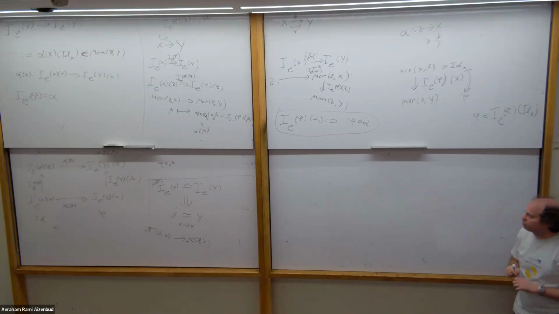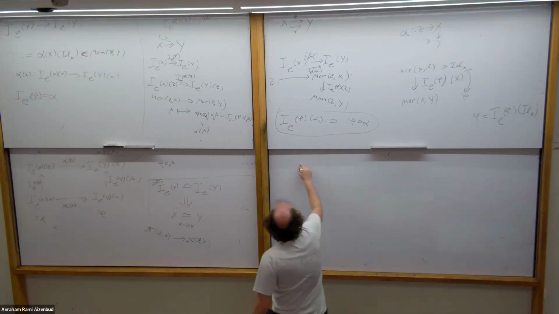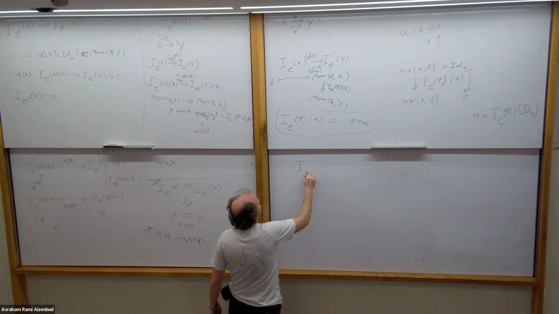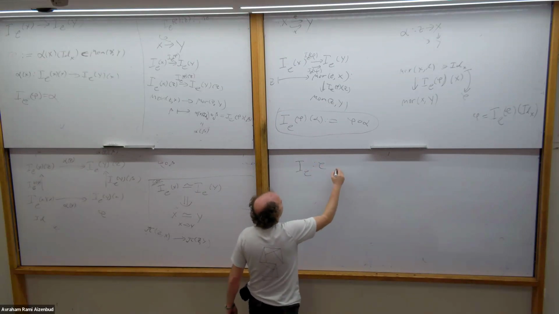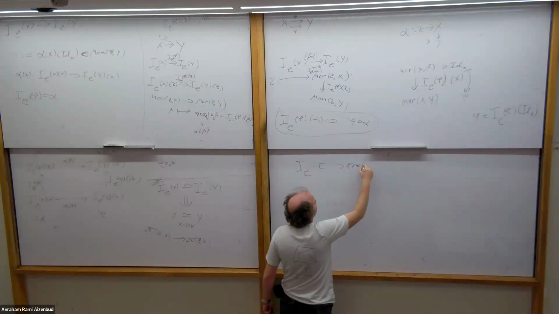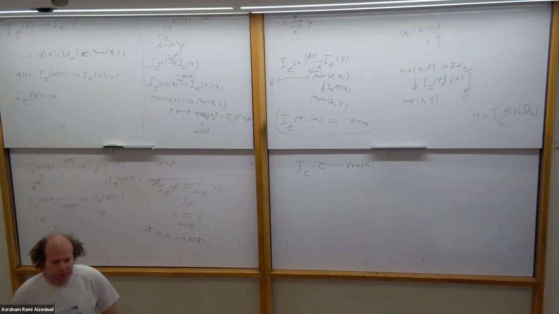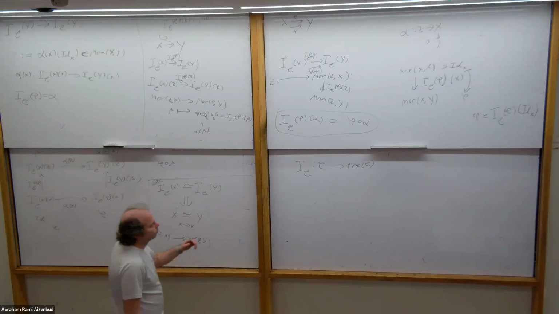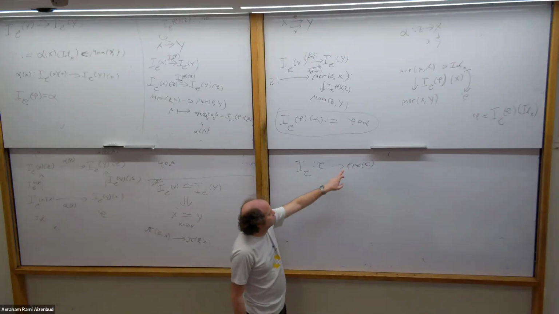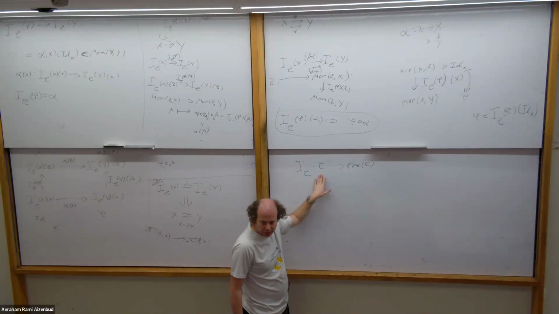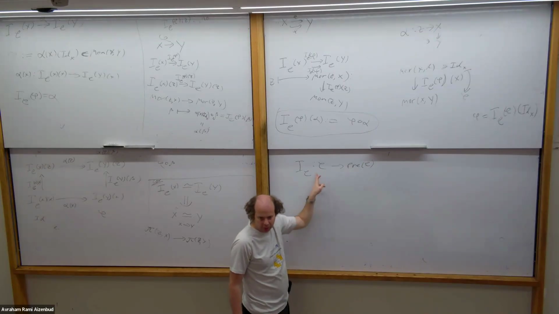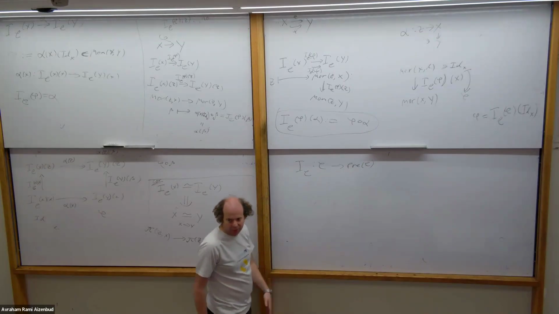So, to recollect, we have the Yoneda functor from C to the large presheaf category of C. This functor preserves limits. To start with a diagram, you can take its limit here or take its limit there, and you get the same.